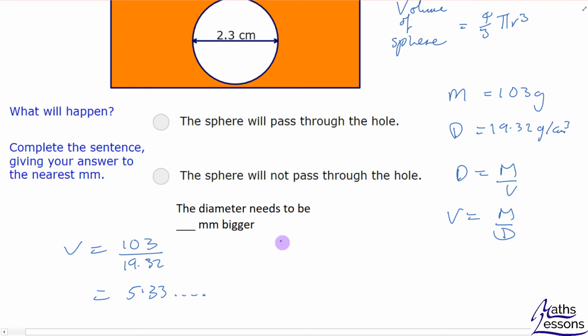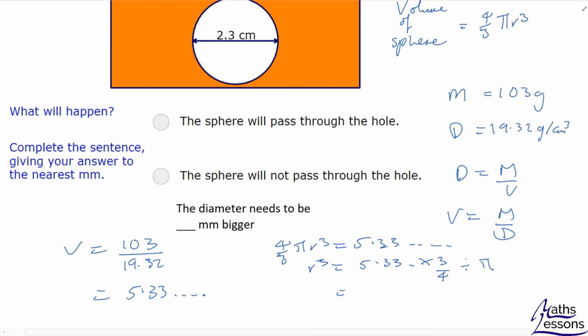The volume equals 4 thirds pi r cubed, which is equal to 5.33 whatever. So to find r cubed, I'm going to need to times by 3 and then divide by 4, and then I'm also going to divide by pi. Okay, that gets me r cubed.